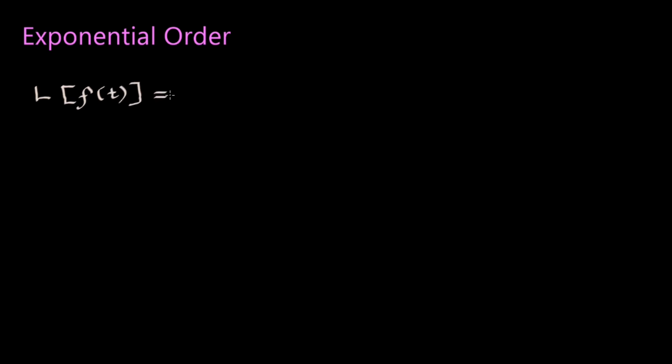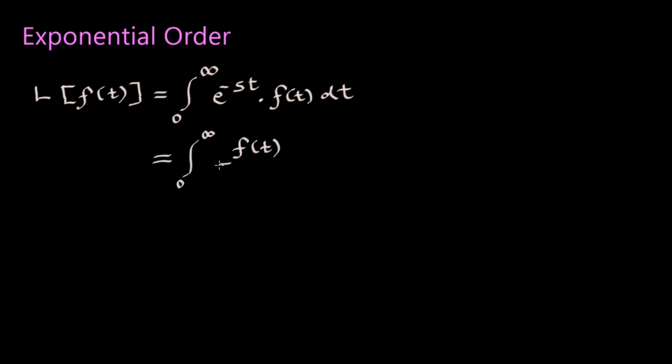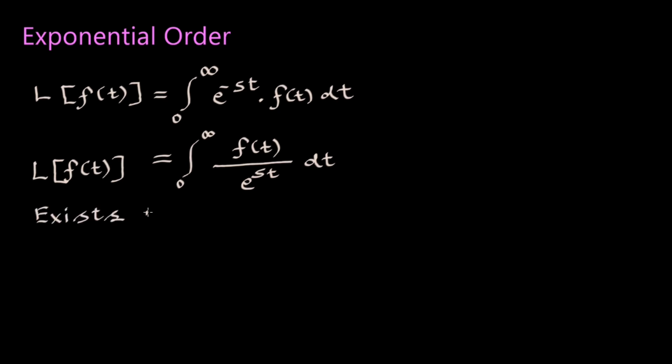At this stage, it is important to understand about exponential order. We have defined Laplace transform of f(t) as definite integral from 0 to infinity of e raised to minus st into f(t) dt. Same can be written as integral from 0 to infinity of f(t) upon e raised to st dt. Here, Laplace transform of f(t) exists if the right hand side of above definite integral converges, or it has a finite value.